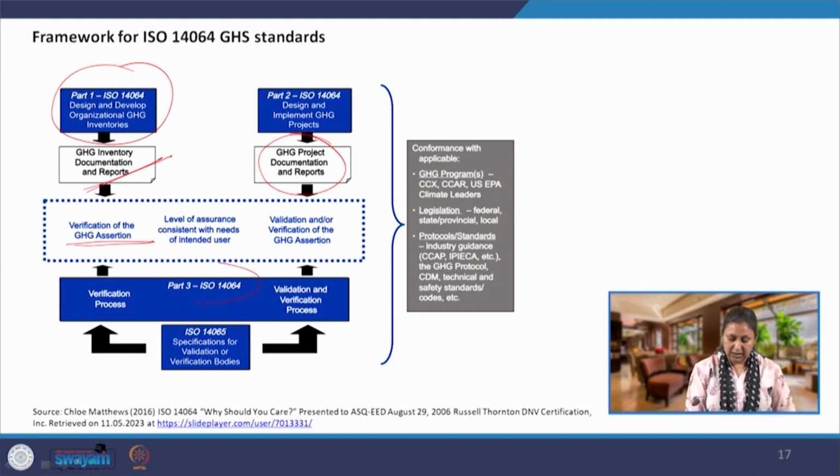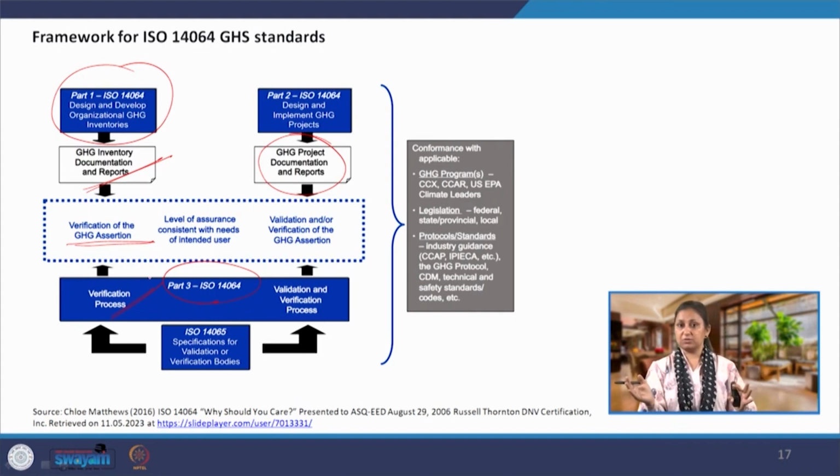Part 3 is actually talking about the process of verification. So, one is inventory, two is project documentation, bringing both of them together, and the third part is verification of the process. So, whether the inventories have been understood and selected correctly, whether the data collection and documentation part has been done correctly for the inventories.